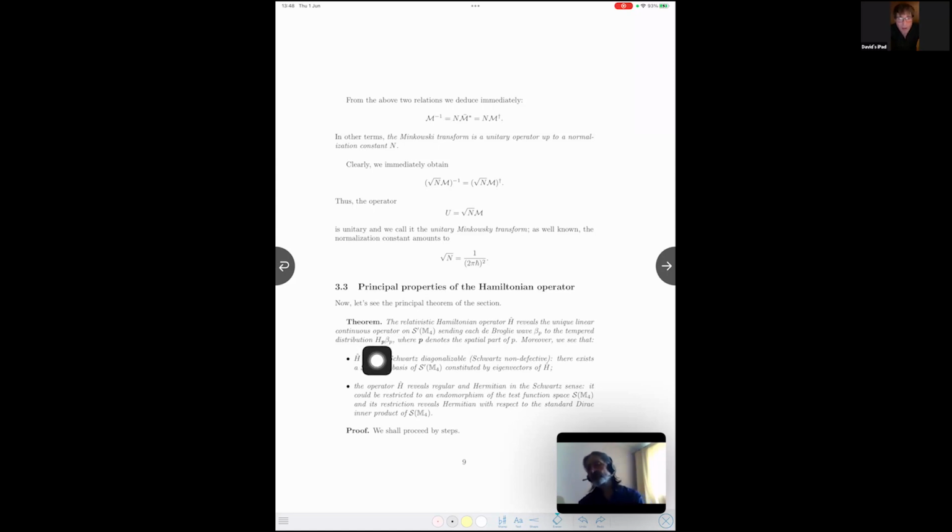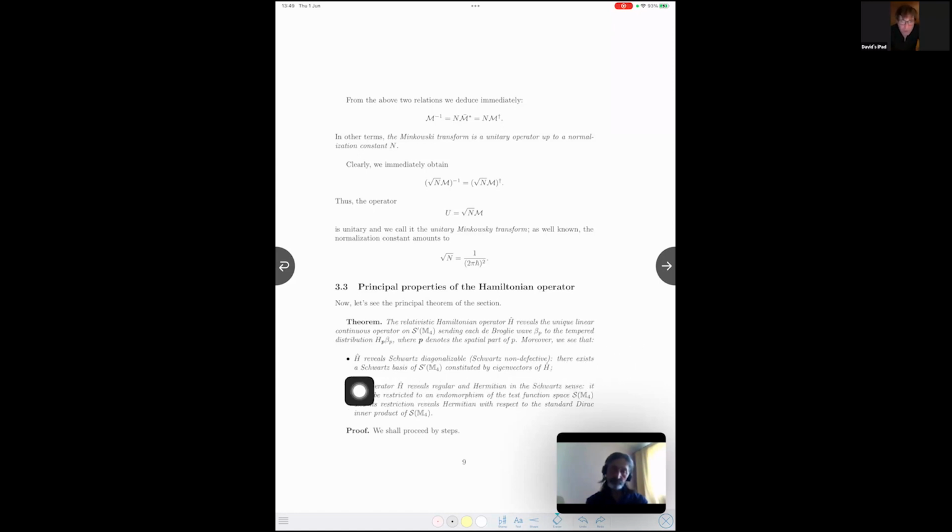So we are saying only that H hat is the unique linear continuous operator on the space of temporal distributions which has beta p as a system of eigenvectors and Hp the system of eigenvalues corresponding to beta p, when p is varying in P4.